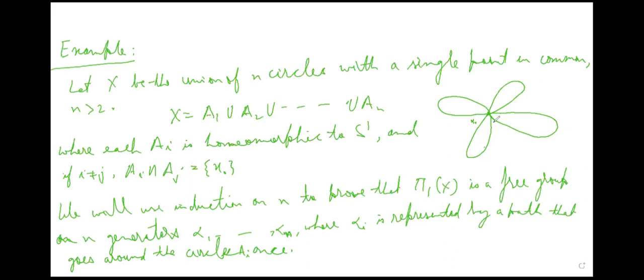So if this is A1, then alpha 1 will be the class of this loop. Similarly, if it is A2, then alpha 2 will be the class of this loop.